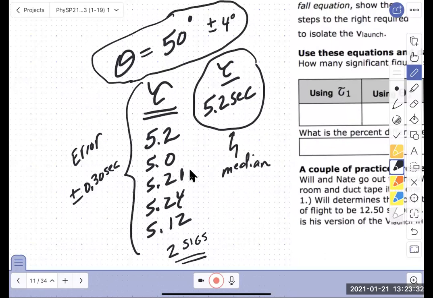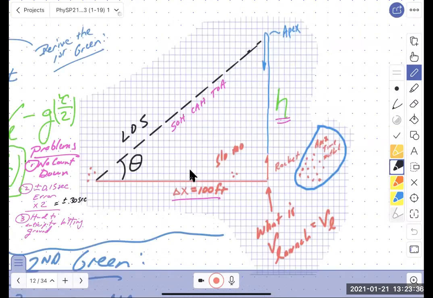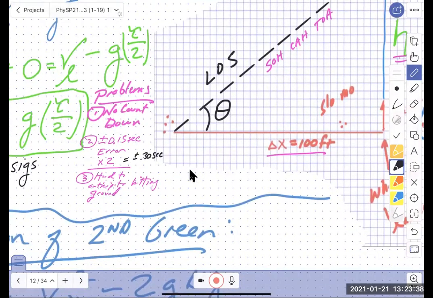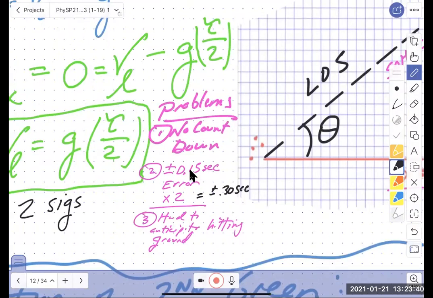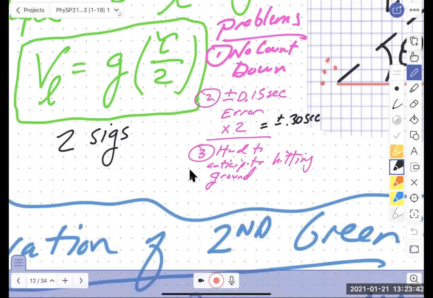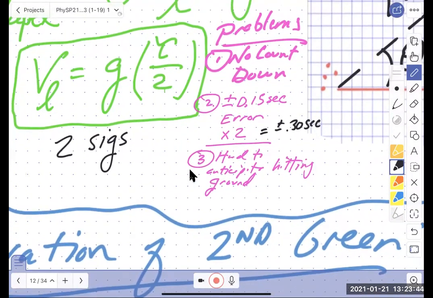Now we're going to apply these to these equations. So get out your calculators. These are our green equations. Let's do the easy one first, and that's the green one here. It's finding the launch velocity using half tau.